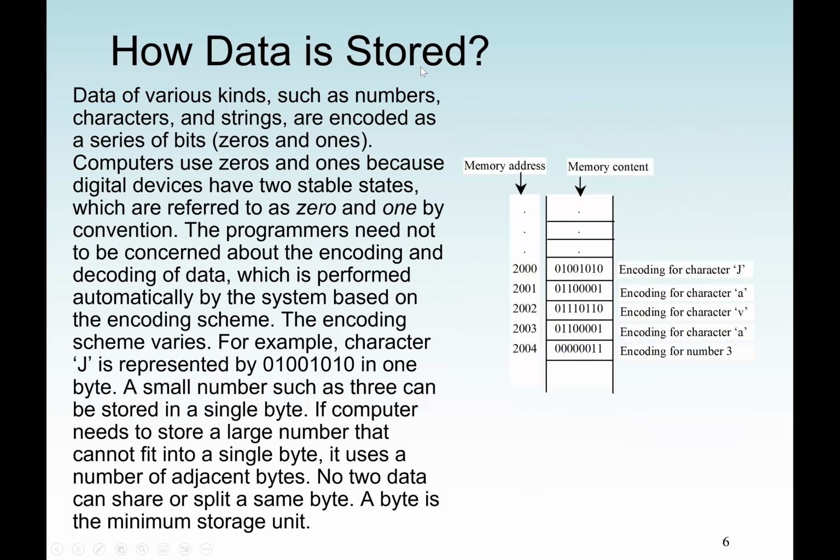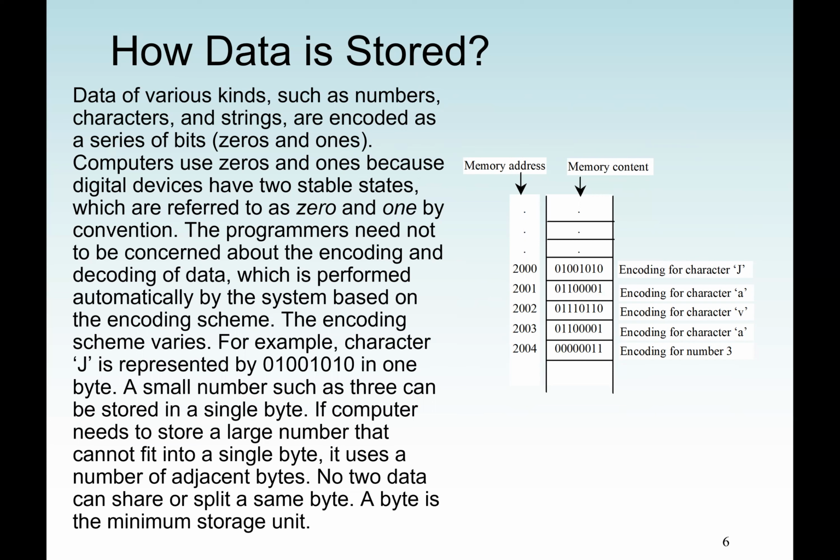So how is data stored? We know computers only understand machine language. Normally, machine language consists of ones and zeros, which we also call the binary numbering system. Data of various kinds, such as numbers, characters, and strings, are normally encoded as a series of bits, that's zeros and ones.